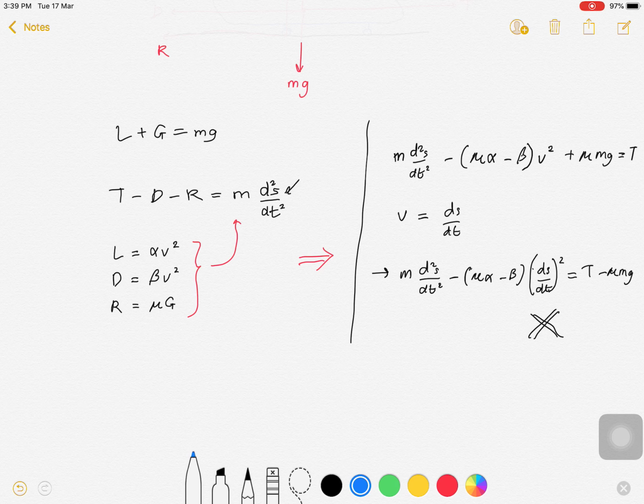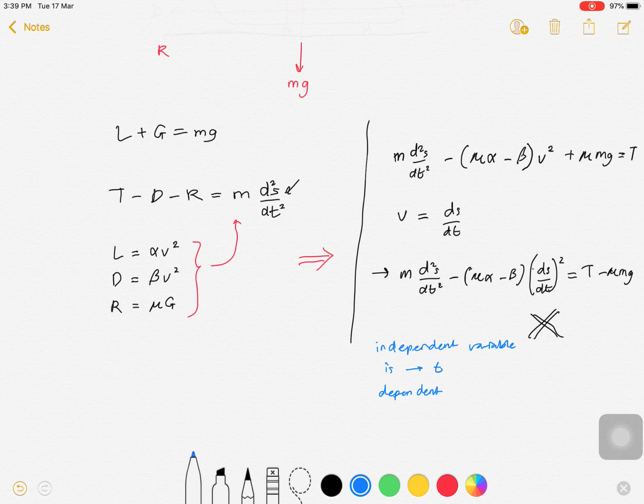Which is t. So the independent variable is t, and the dependent variable can be more than one.